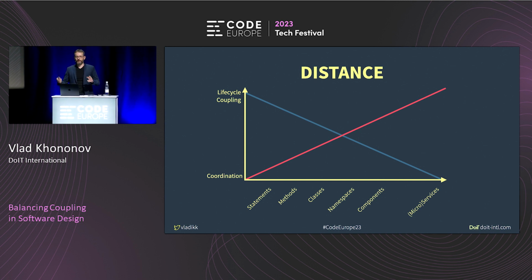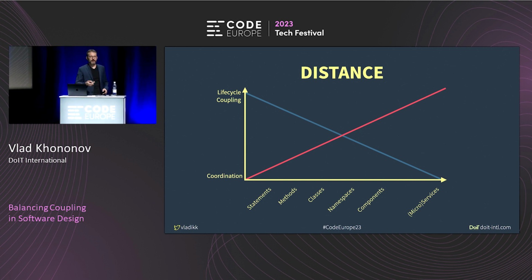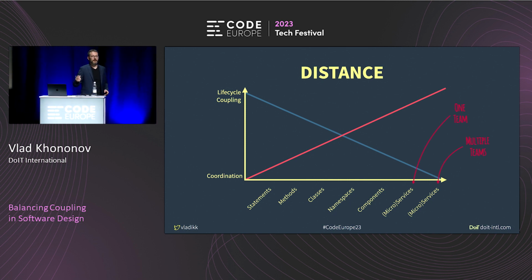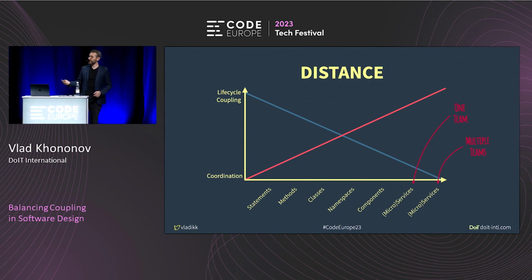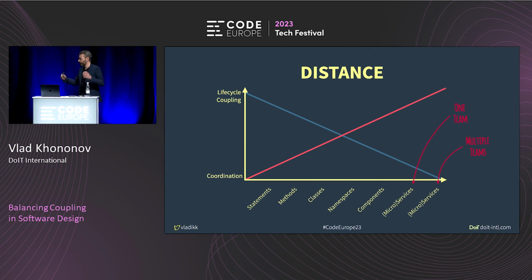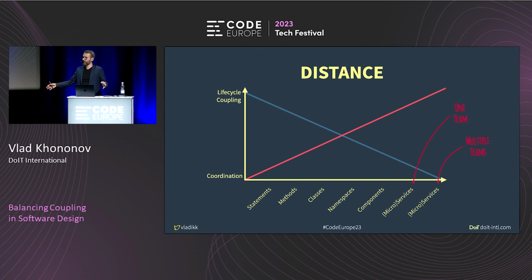One is we have two microservices implemented by the same team, and the second one, two microservices implemented by different teams. In the second case, we have a higher coordination effort, a lower life cycle coupling, and thus we have a longer distance between these components. So again, the longer the distance between them, the harder it's going to be to implement a change that affects both components.